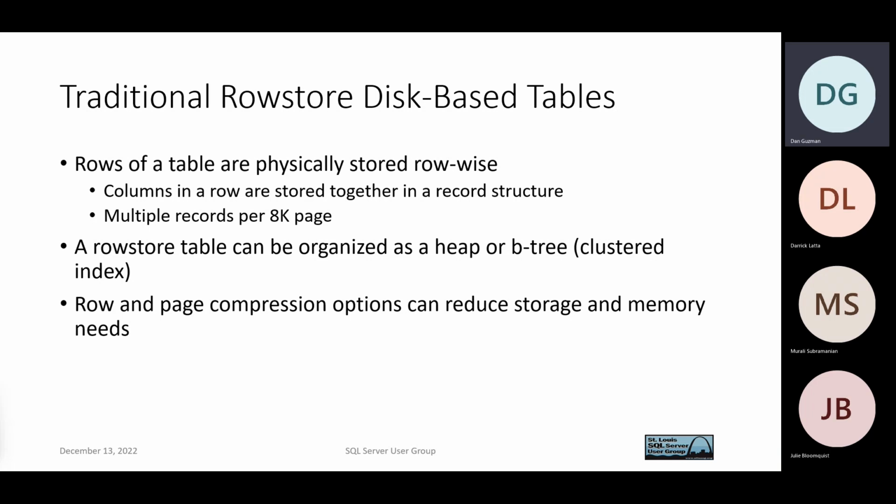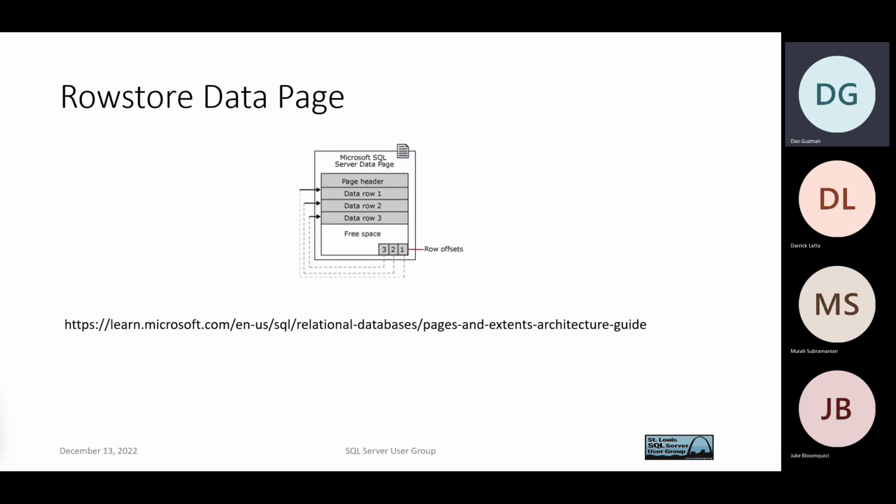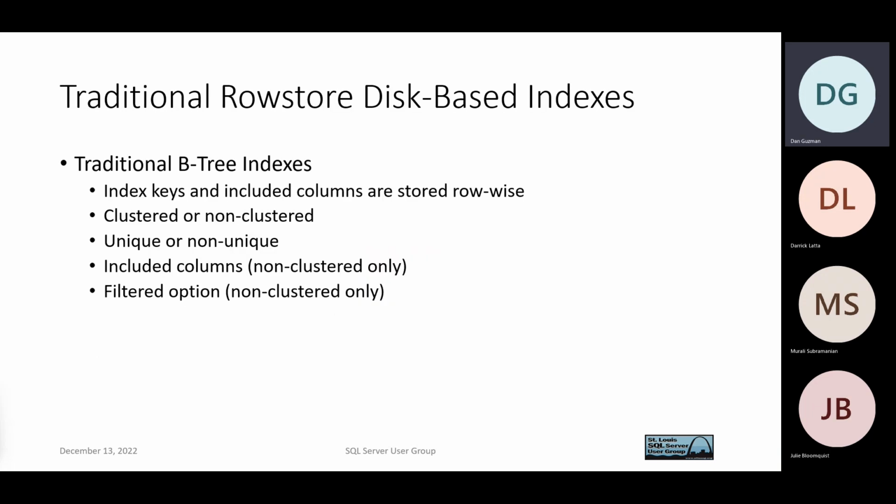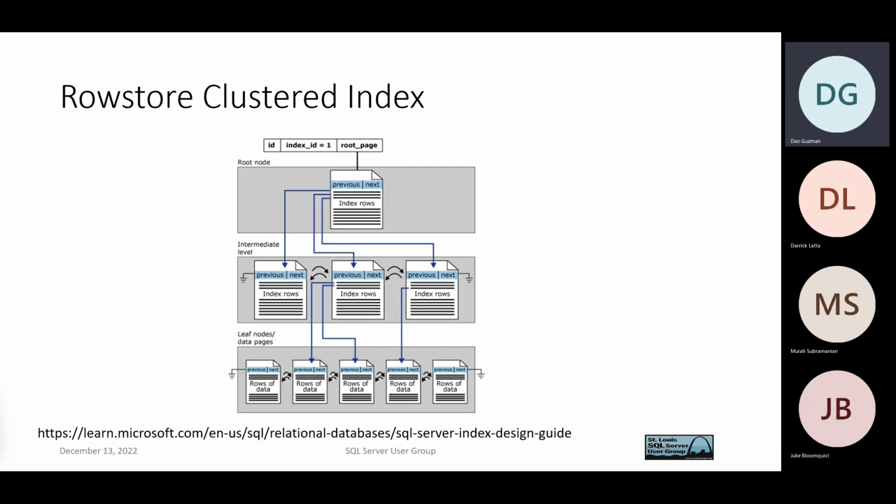Your only options to reduce memory are row or page compression like we demoed last session. So with the row store, you basically have multiple rows per page. I discussed this in the last presentation a bit: unique, non-unique, included columns, filtered options, and all that kind of stuff.